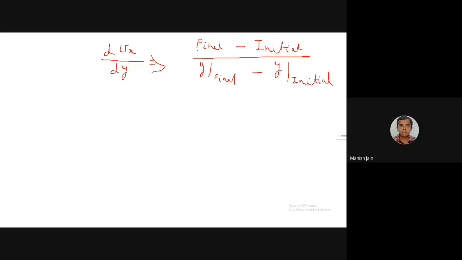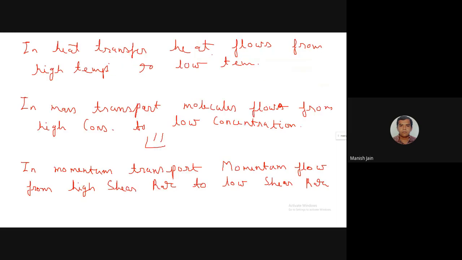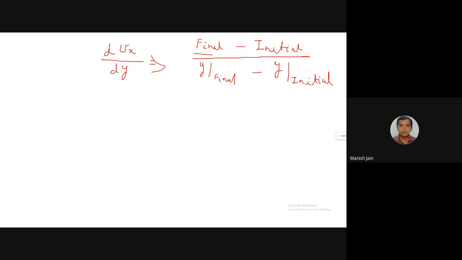Because it is flowing from the high value to low value, the final value will be low. The initial value has the high magnitude. So dvx by dy is always negative, because the final value is lower than the initial value. So to overcome this, we use the minus sign.